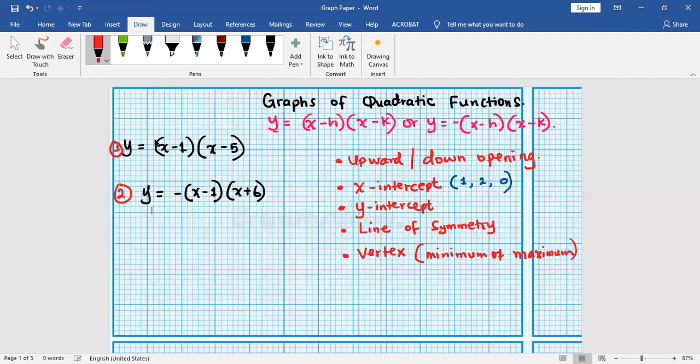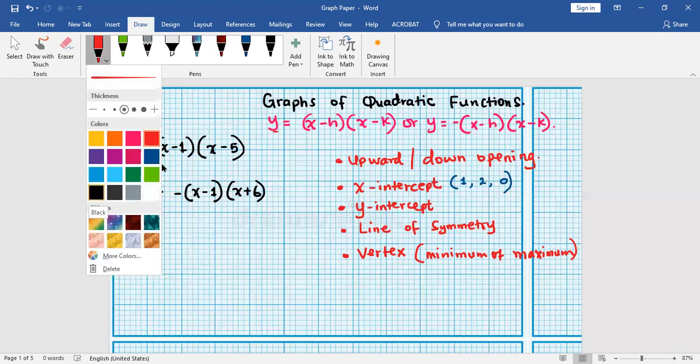So when it opens upward, it will have a minimum point. But when it opens downward, it will have a maximum point. Now, I will give you an example here, just like a sketch, to remember all these parts. Then we can do an example here. Then I let you also do some practice. Okay.